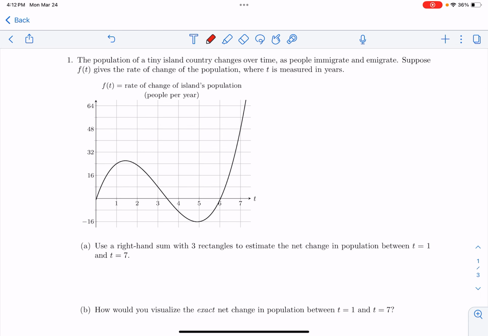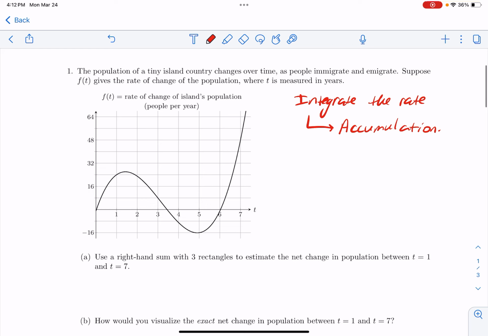And the way that I describe it to people is that if you integrate the rate, what you get is the accumulation of that rate. So in this case, we're integrating people per year. So we're getting an accumulation of people. We're figuring out what that total number of people is. And I know we've talked about this in class before, but I just wanted to repeat myself to make that clear of what we're doing.